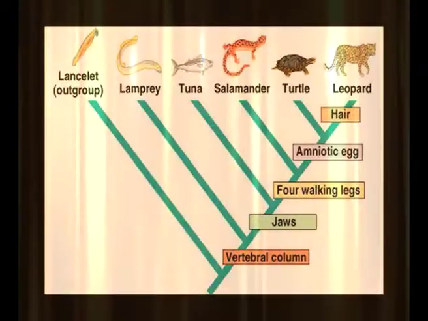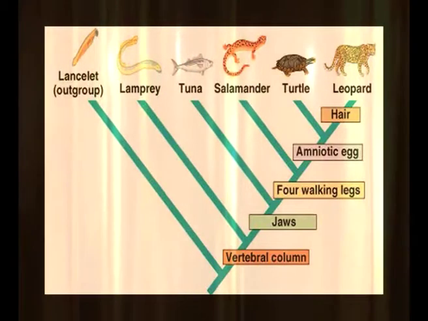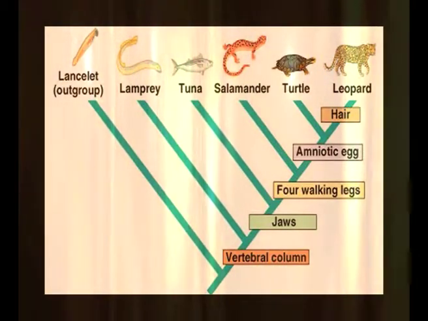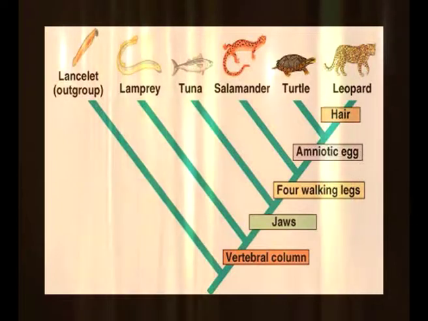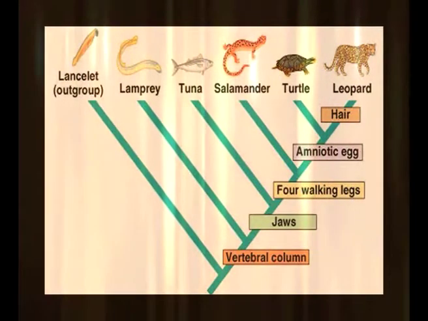Hennig endeavored to provide an objective methodology for determining recency of common origin in related taxa based upon primitive and derived characters. Such relationships are expressed in a cladogram in which dichotomous branching points are arranged in nested hierarchies.